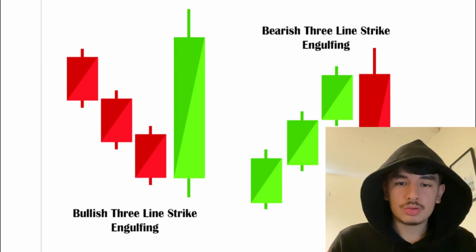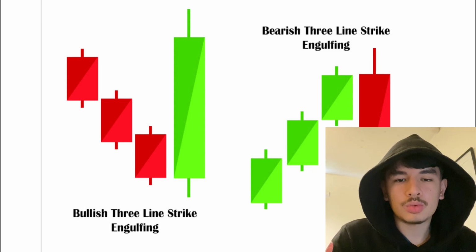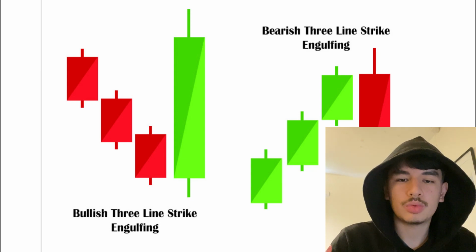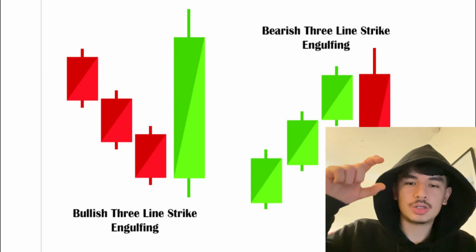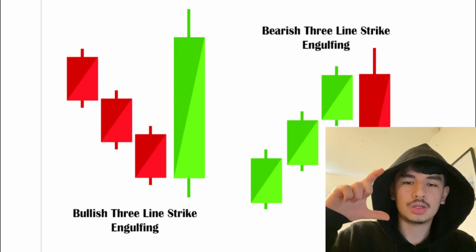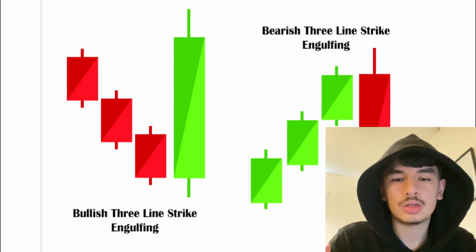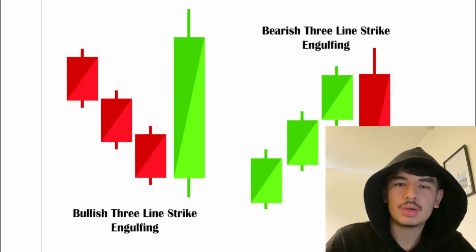So in a downtrend market, we will see it at the end of the higher high, where we'll see three bullish candlesticks before a huge red engulfing candlestick. That shows the reversal and the continuation. So now we know the basics. Let's get into the charts.